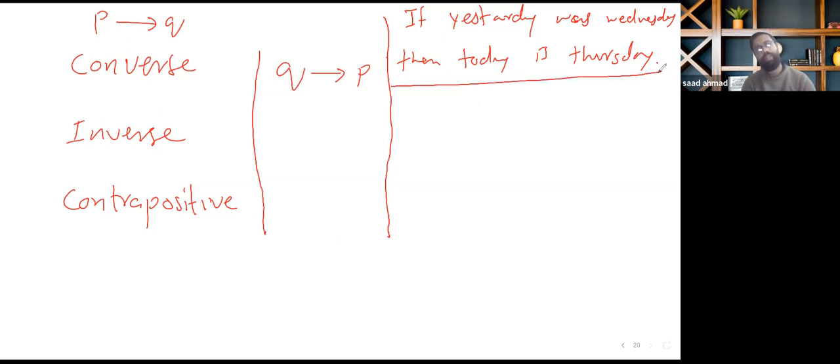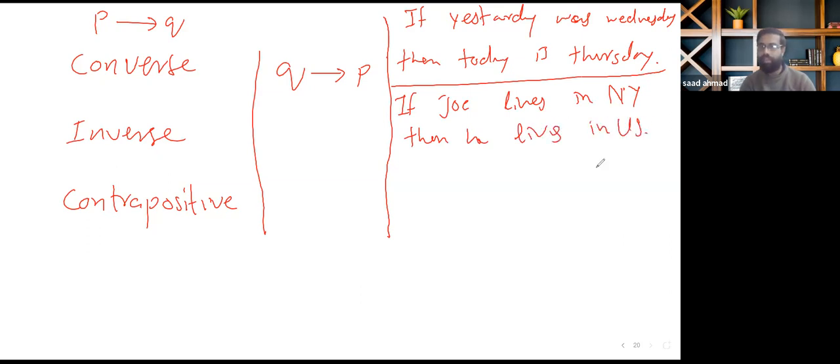Let's say if, just give any name, let's say Jules lives in New York, then he or she lives in the US. But the converse of this statement would be, if he lives in the US, then he lives in New York, which is not necessary.